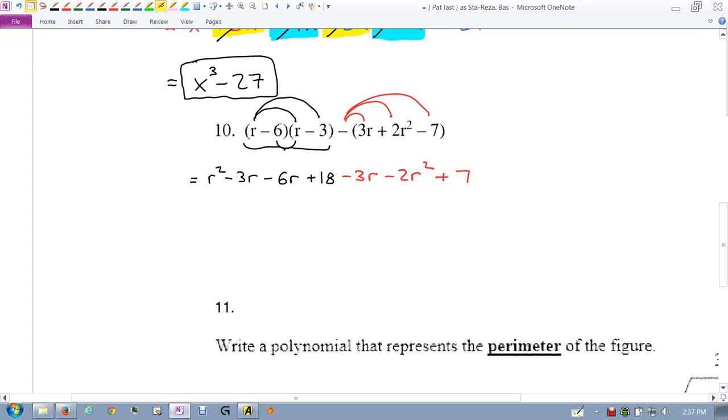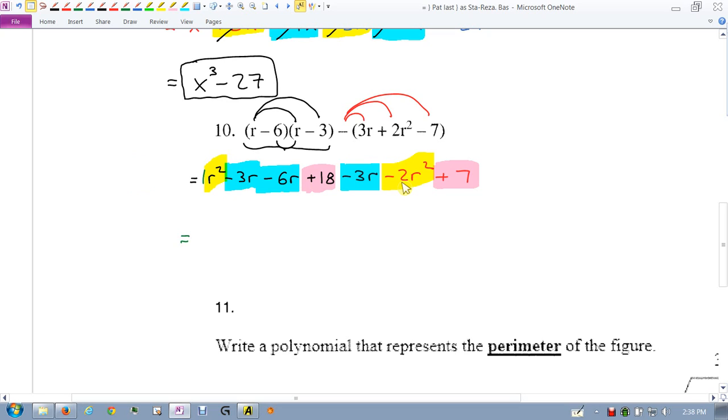Now collect like terms again. I'm just going to start with the r squareds because it's right there. My r's here, here, here, and then my numbers here and here. We've got a pretty good mess here. How many r squareds do I have? 2? 3? I have 1 r squared here, right? That's a 1 in front. And I'm taking away 2.